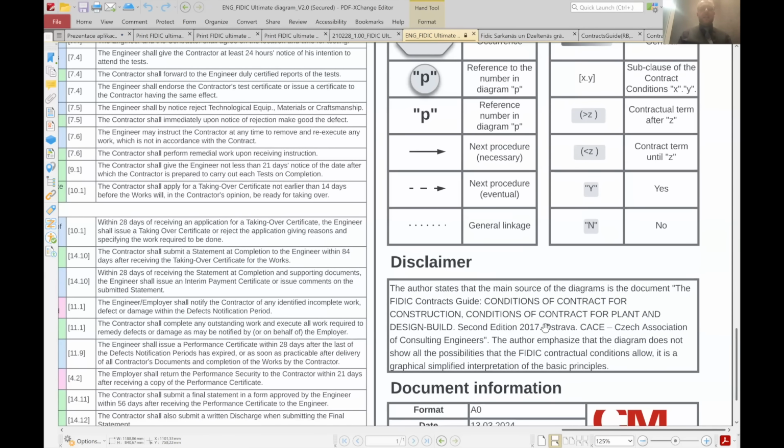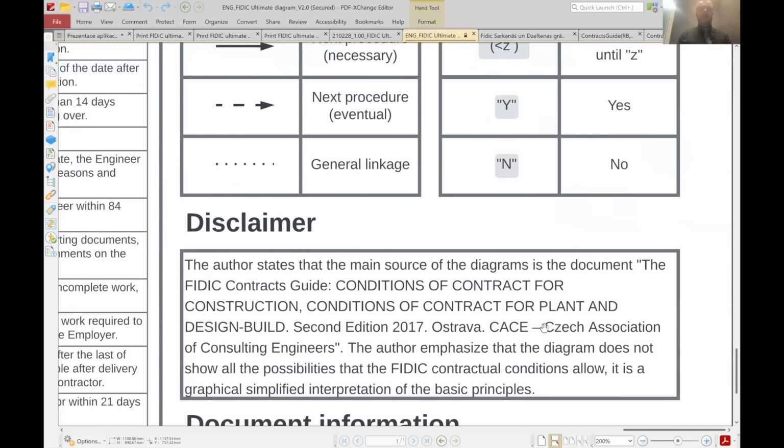let's actually see the disclaimer, because again, it's quite an important part. The Fidic Ultimate Diagram was created by me by reading the Fidic contract books, but it's not the only source. The second most important source that I have been using is the conditions of contract for construction and the contracts guide.